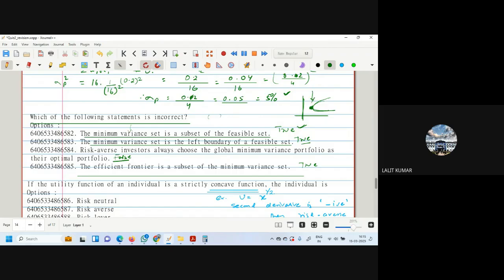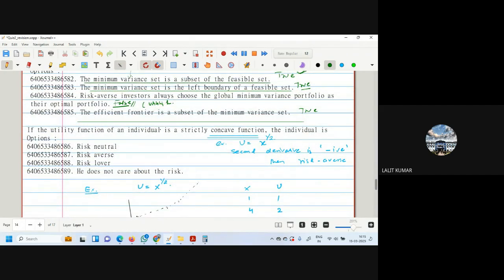The risk-averse investors always choose the global minimum variance portfolio as their optimal portfolio. It is false. It depends on their utility function. They might choose a point here also if they have some risk appetite. The efficient frontier is a subset of the minimum variance set. This is true.